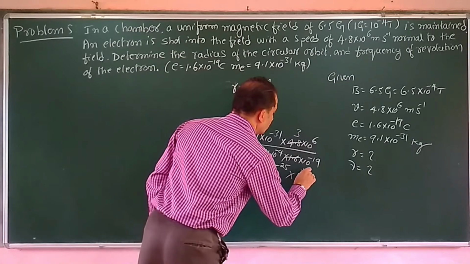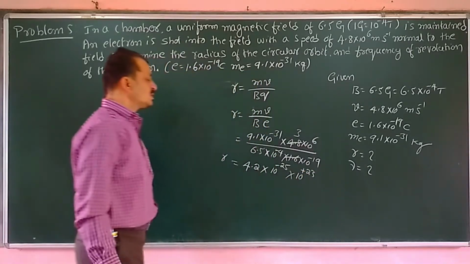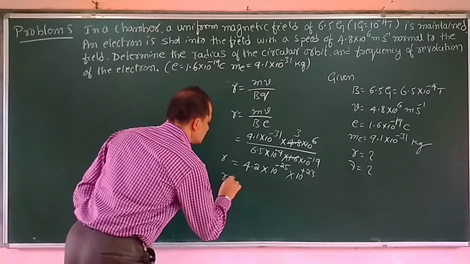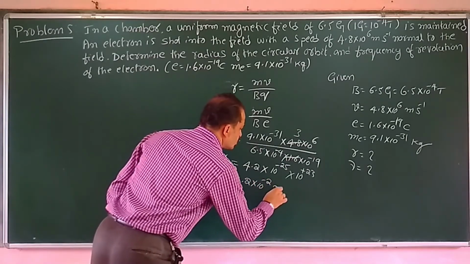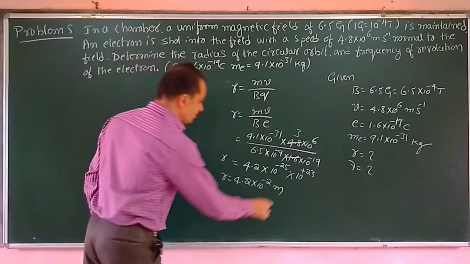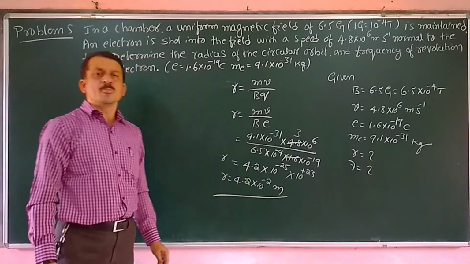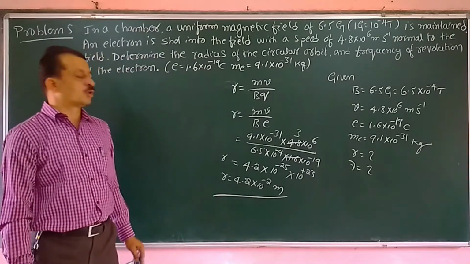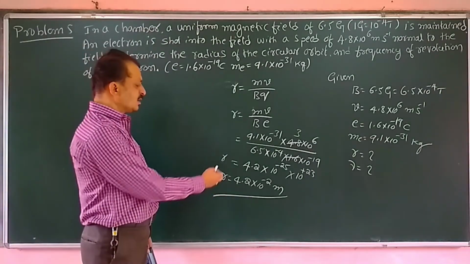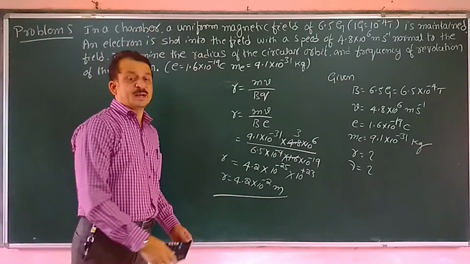If you take it to the numerator it is plus 23. Therefore radius is equal to 4.2 into 10 raised to minus 2 meter, or 4.2 centimeter. The radius of this circular orbit is 4.2 centimeters, or 4.2 into 10 raised to minus 2 meters.